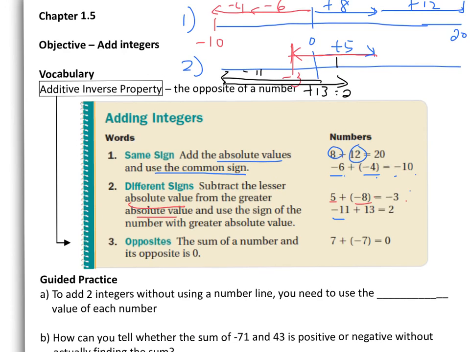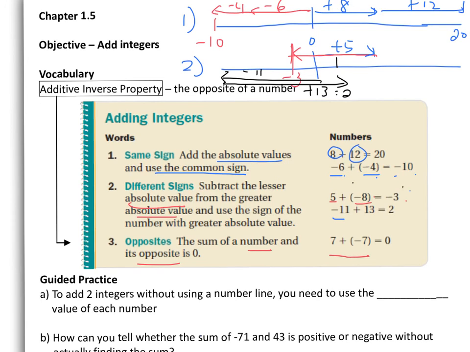Okay, so an easier way to remember this is if you have different signs, you subtract, and you use the sign with the greater absolute value. And when you're adding integers that are opposites, the sum of the number and its opposite is 0. So for example, 7 plus negative 7 is 0.